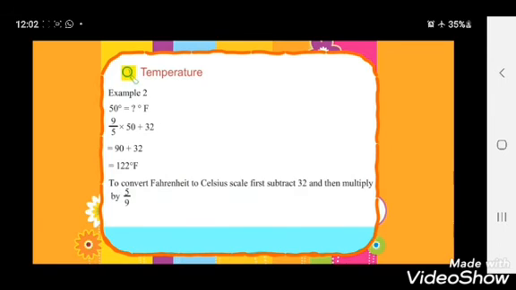Example 2. 50 degrees Celsius equals how many degrees Fahrenheit? 9 upon 5 into 50 plus 32 equals 90 plus 32 equals 122 degrees Fahrenheit. To convert Fahrenheit to Celsius scale, first subtract 32 and then multiply by 5 upon 9.